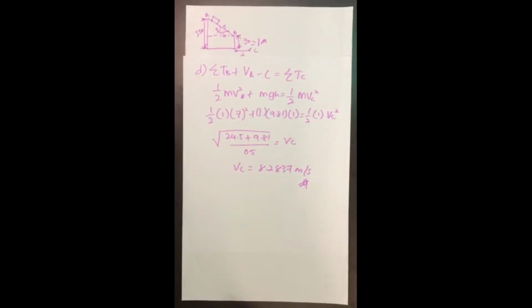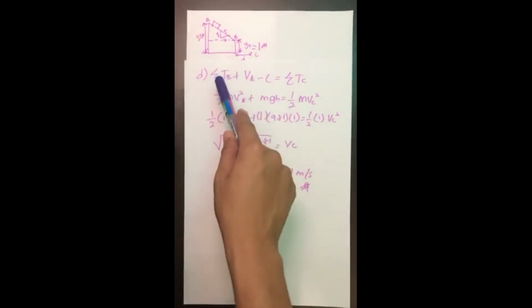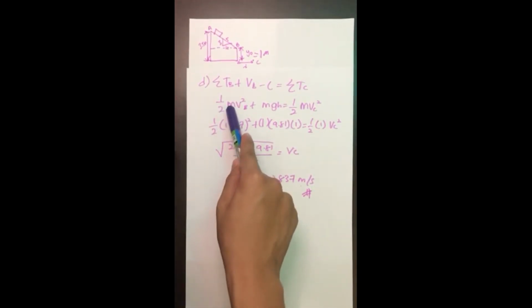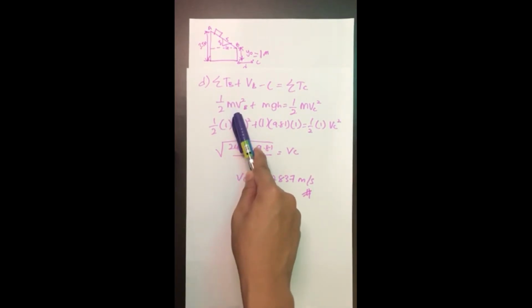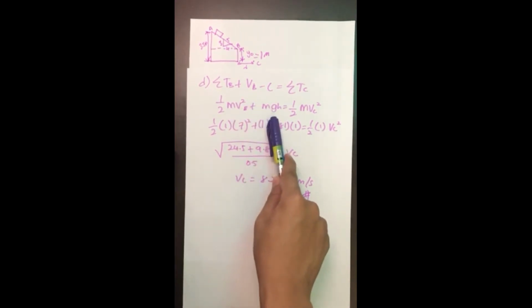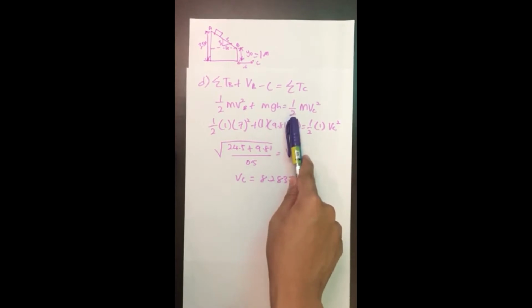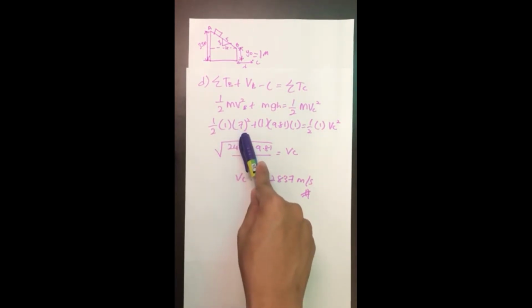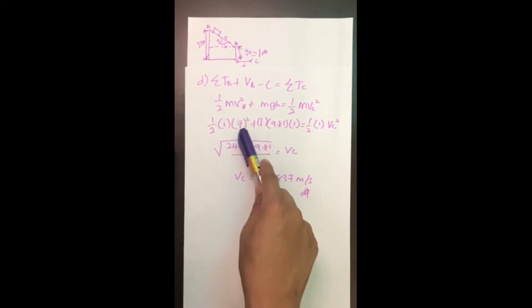To find the speed, we use the principle of work and energy. This equation represents the principle of work and energy. This is the kinetic energy at point B, this one is the potential energy, and this one is the kinetic energy at point C. We obtained the velocity of the object at point B in the previous question, which is 7 meters per second.